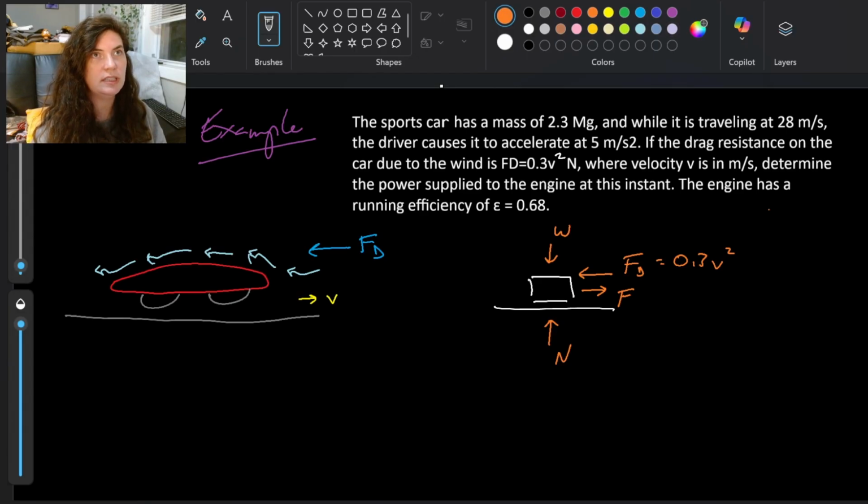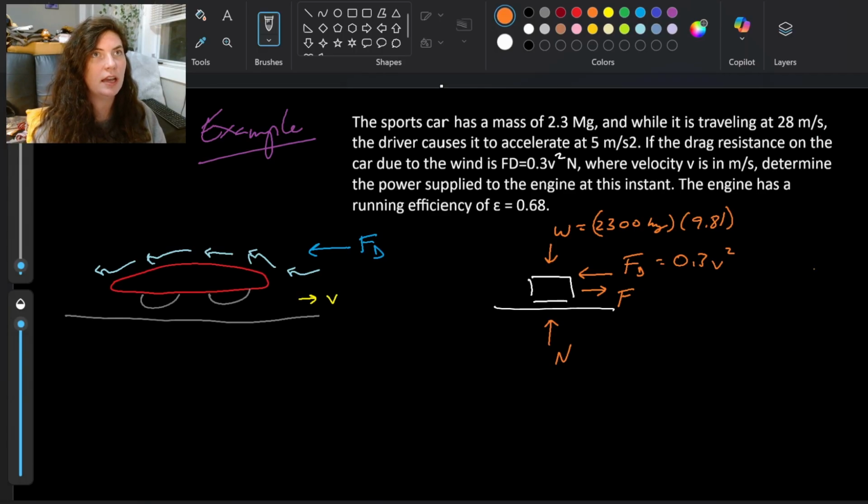And let's see what we didn't pull out from our big text box at the top here. So we had a mass of 2.3 megagrams. Again, a megagram is 10 to the 6th grams. So 2.3 megagrams would be 2,300 kilograms. So the weight is 2,300 kilograms times gravity, 9.81.